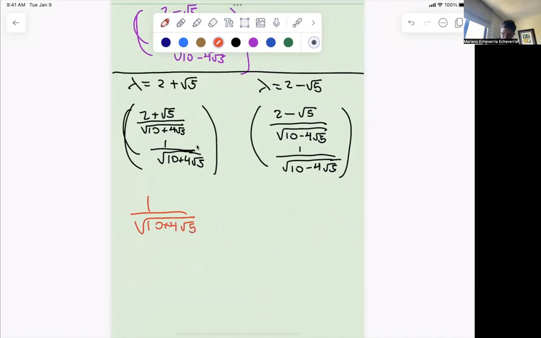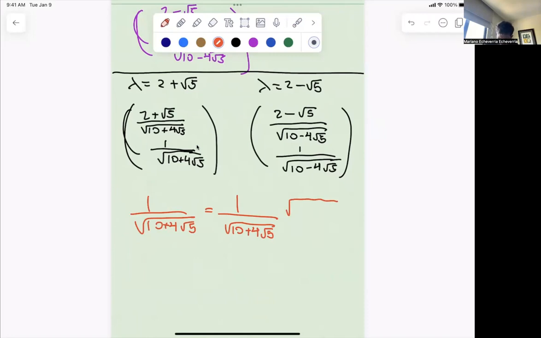The problem is that the denominator of this one has a plus and the other one has a minus. So what you can do, if you wanted to compare them more properly, is this trick called rationalizing the expression.